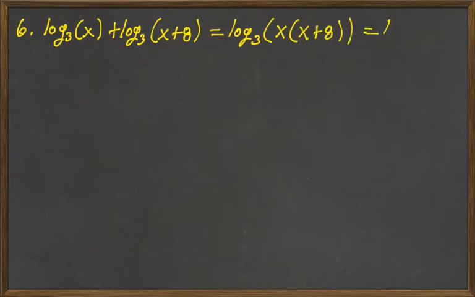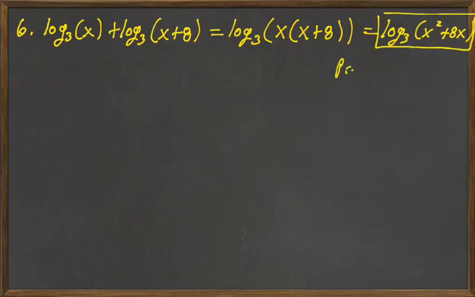And so that'll be log base 3 of x squared plus 8x. And so that certainly is kind of the type of problem we'll encounter when we're solving log equations, combining in this fashion. And we'll go ahead and mention that we did use the product rule on that particular problem.